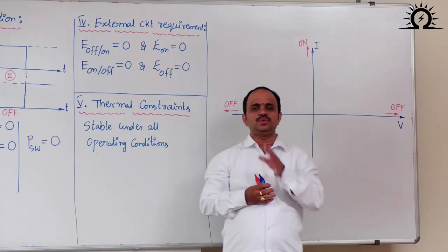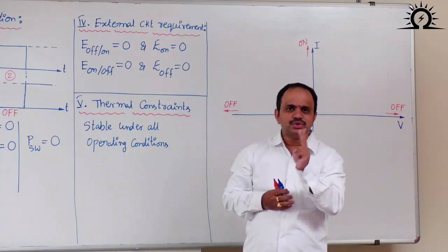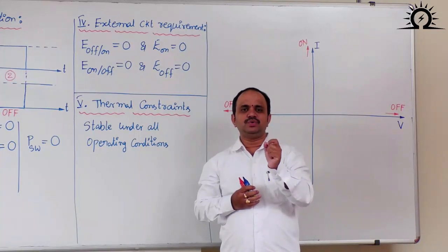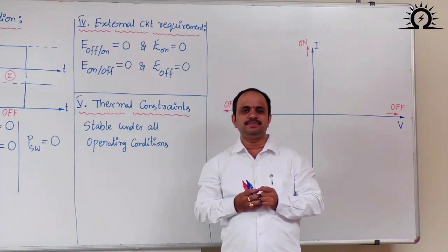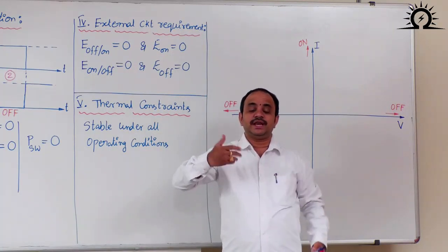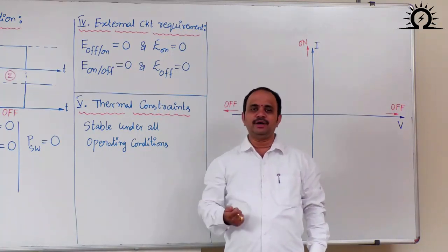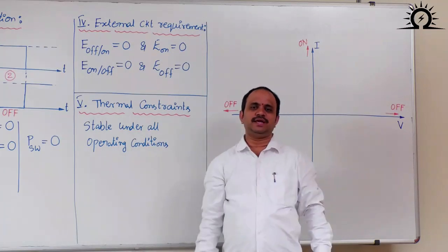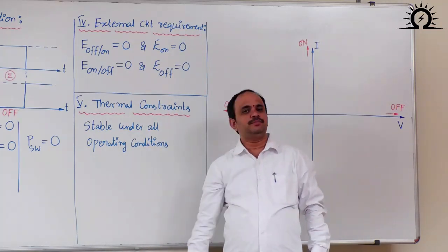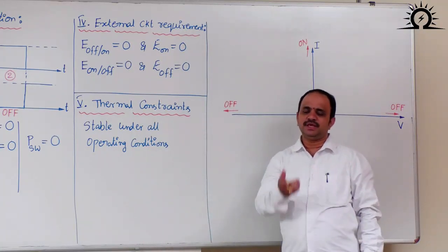Now just think of two scenarios. There are two switches. One switch is able to turn on or turn off simply by pressing it like this. The other switch requires a hammer to turn it on like this. In these two cases, which one is more preferable? Obviously, the first one.